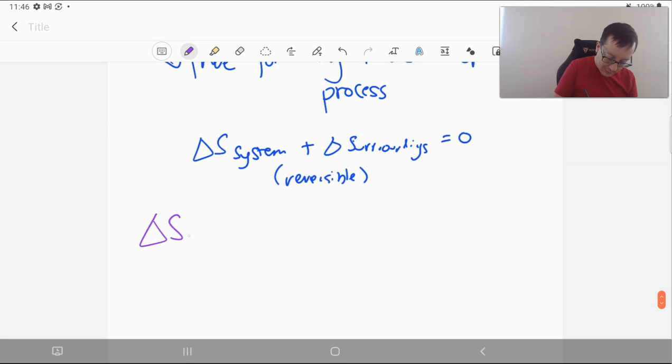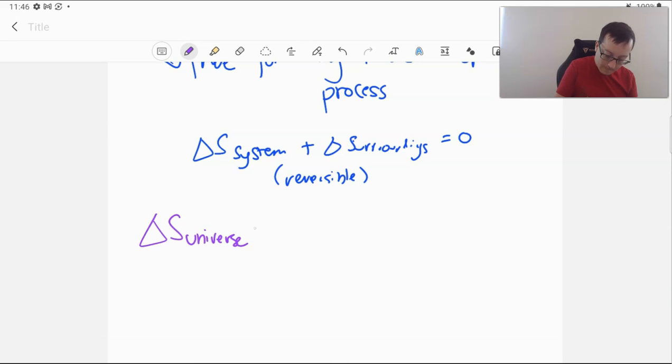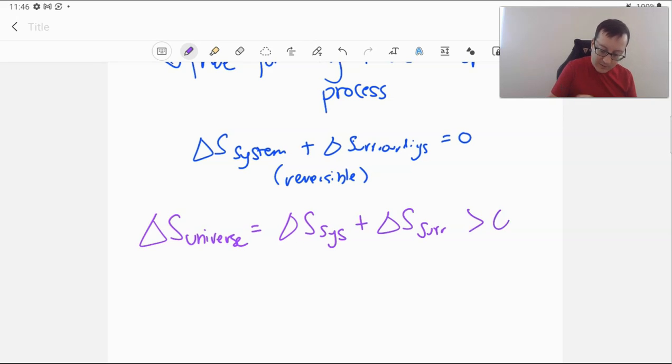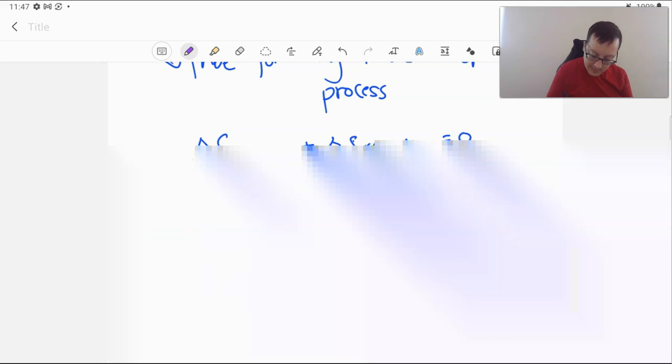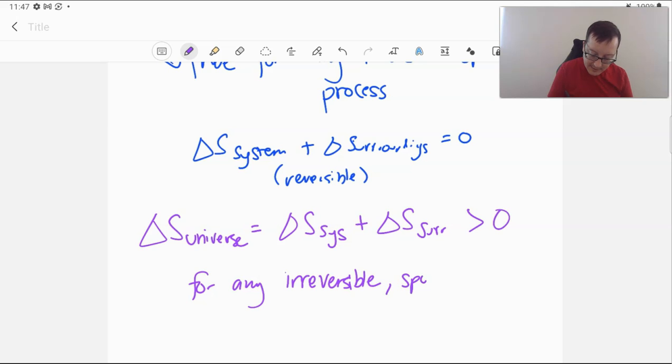Delta S universe, which is delta S system plus delta S surroundings, must always be greater than 0 for any irreversible, that means I spelled it wrong up here. Oh well. Any irreversible spontaneous process.